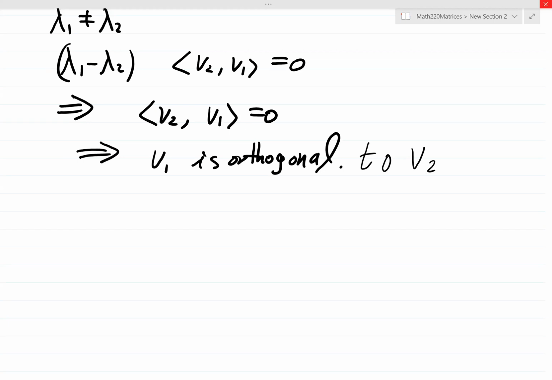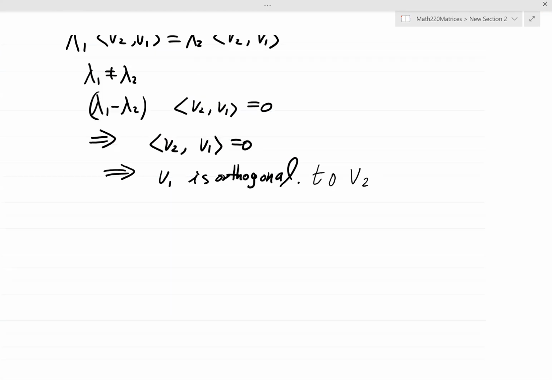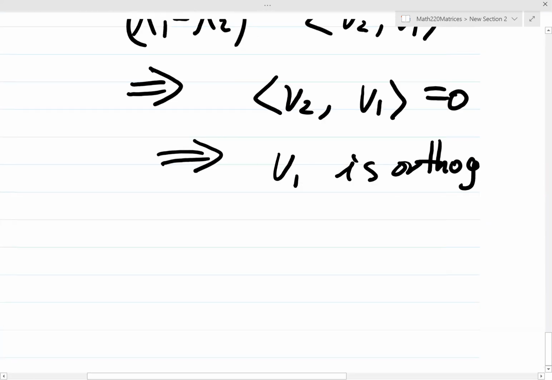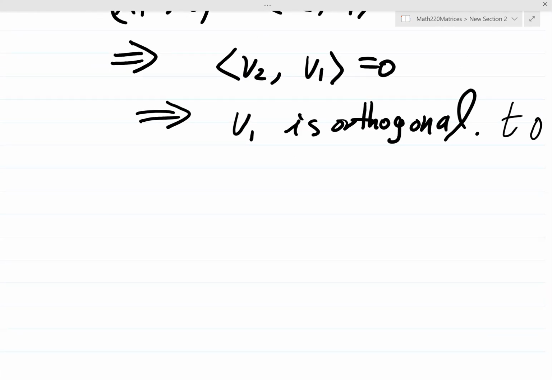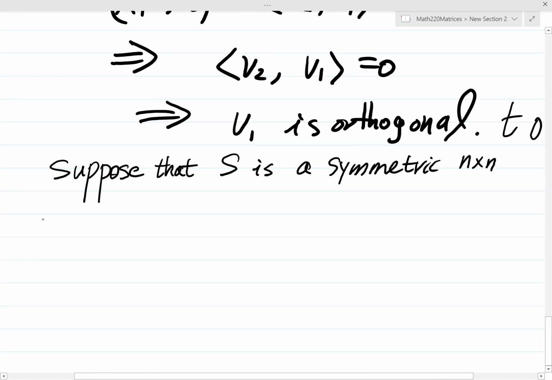Now suppose we continue, and assume that S is a symmetric n by n matrix.